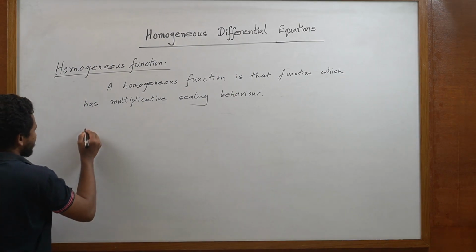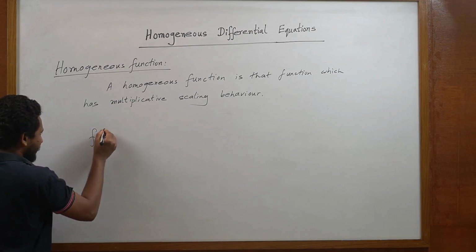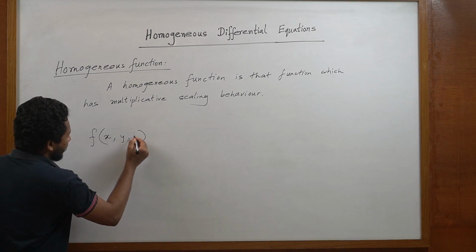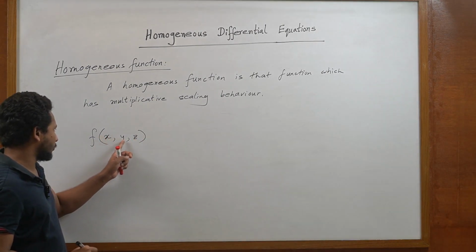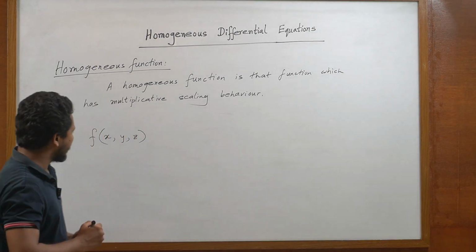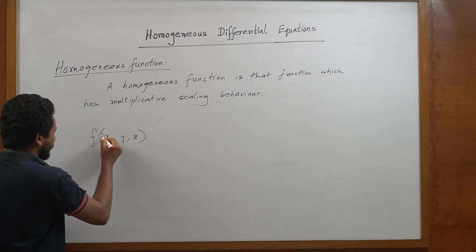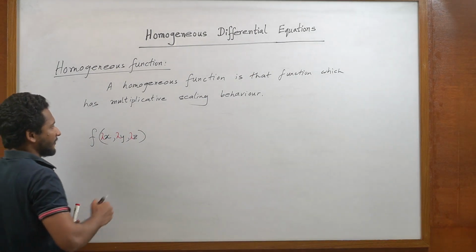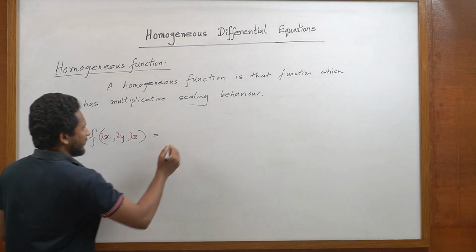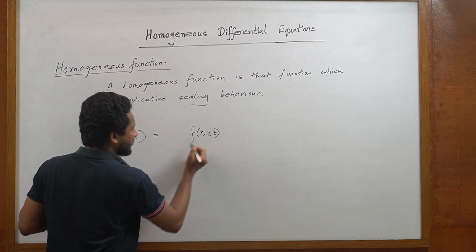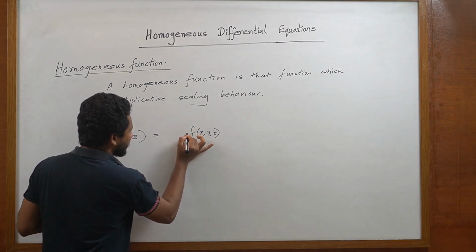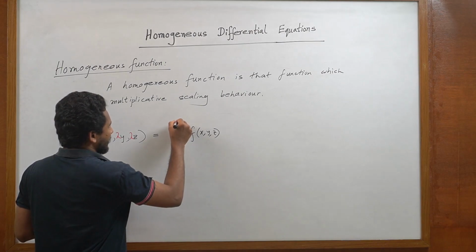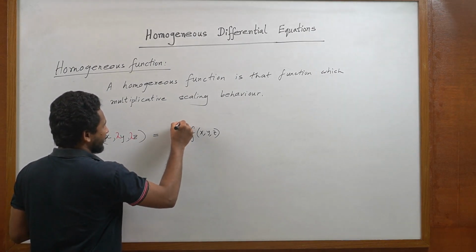It means that if all of a function's arguments are multiplied with some scalar quantity, say lambda, then the result will be the value of the function times the scalar quantity raised to the power of something, n.